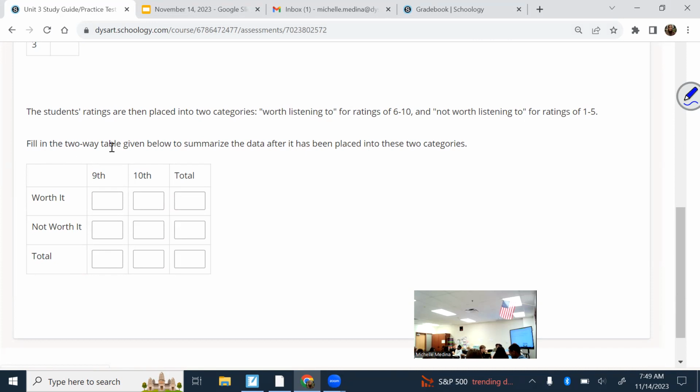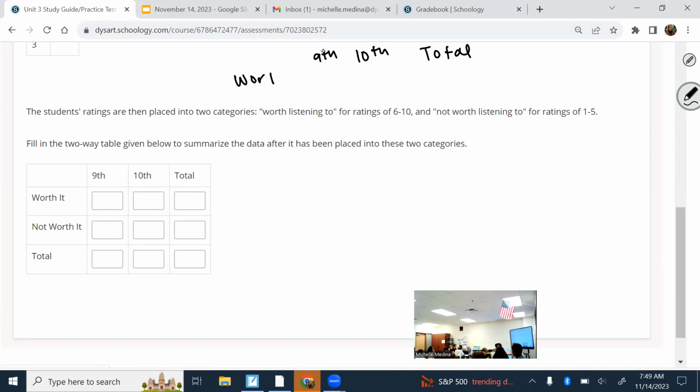We're going to fill in this 2A table to summarize the data after it's been placed in these two categories. So I'll scroll back up to the data. Let me just jot this down so I don't have to keep scrolling up and down.